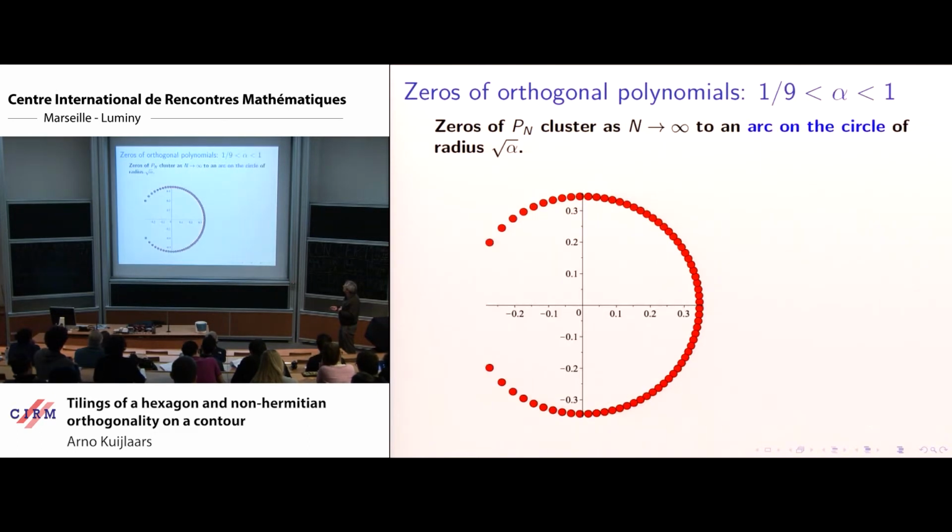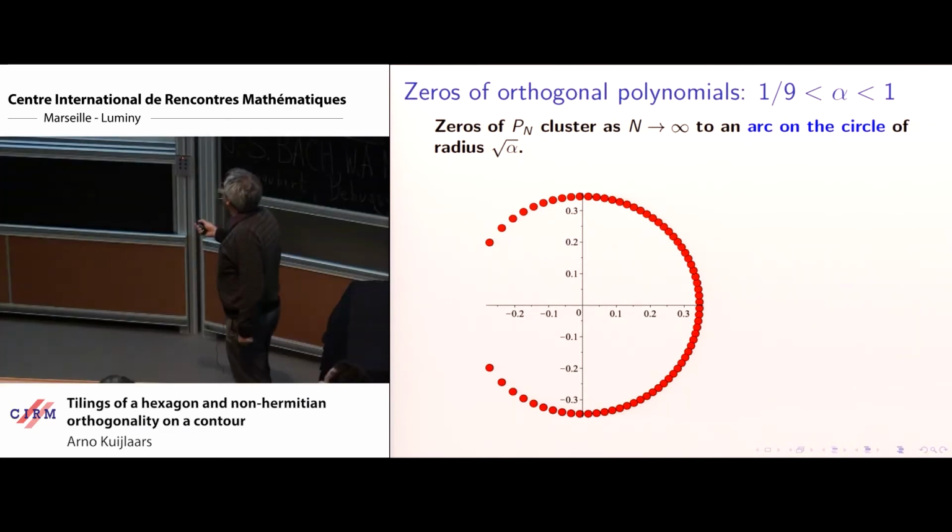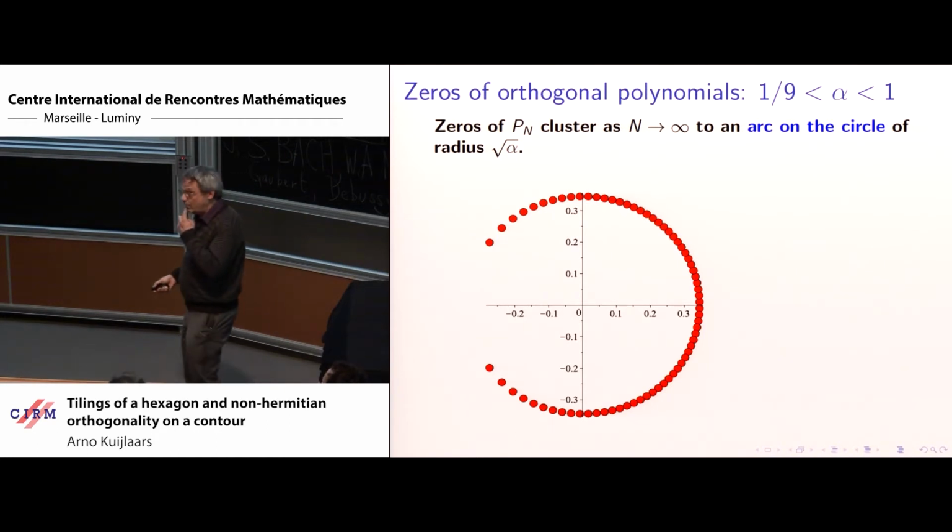If alpha is less than 1, but still not too small, the zeros we can calculate numerically, and we can also prove it, that the zeros will cluster to an arc on a circle of radius square root alpha.